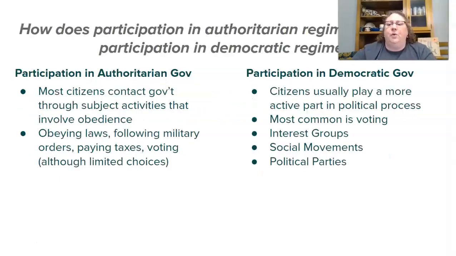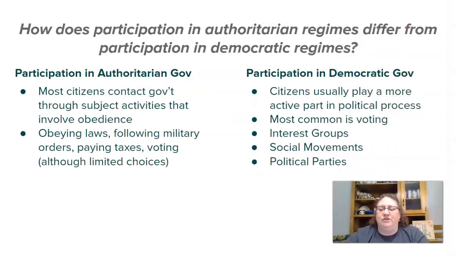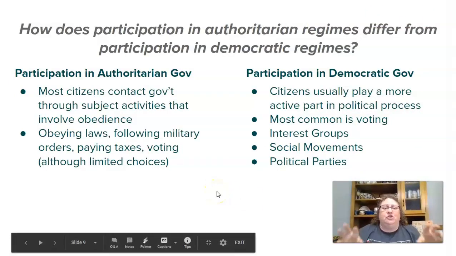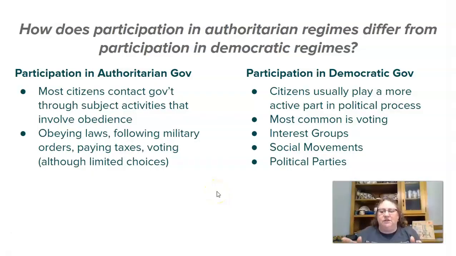All right, so one of the things that's really important that you need to understand, so I have mentioned this several times, in comparative politics, our whole thing that we do is we compare one country to another. I mean, that's the big thing that we do. And so when we're thinking about that, we're comparing regimes. How is an authoritarian regime different than a democratic regime?